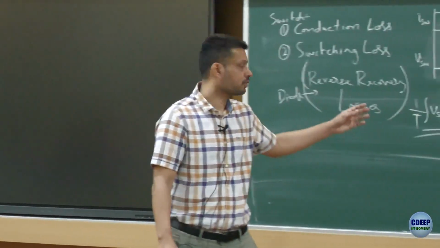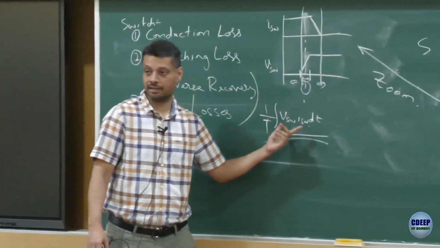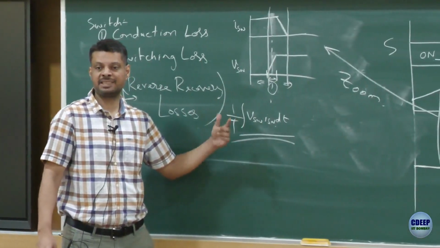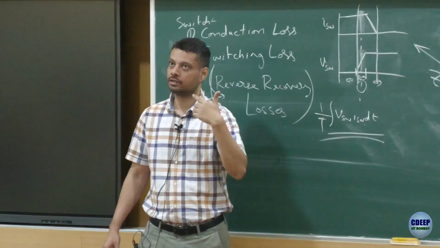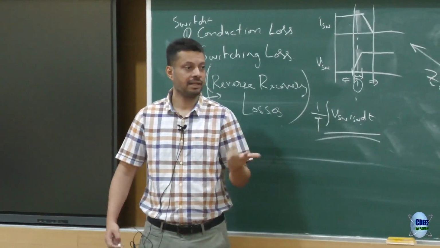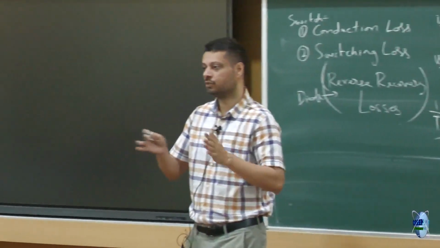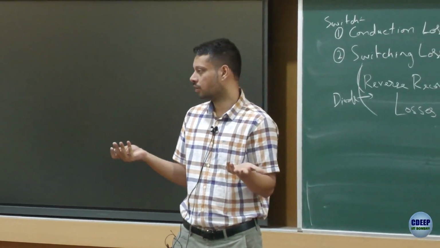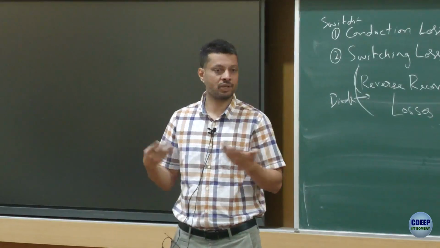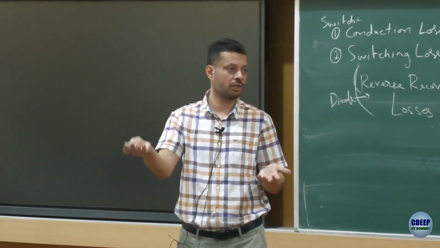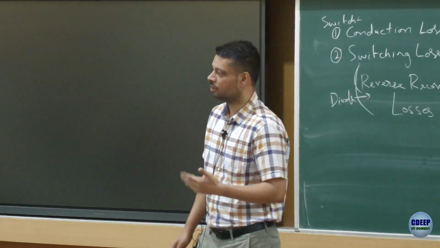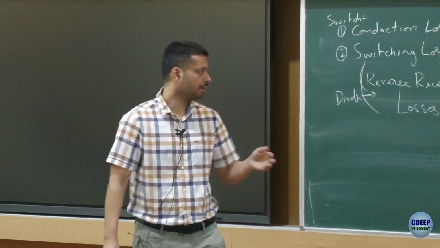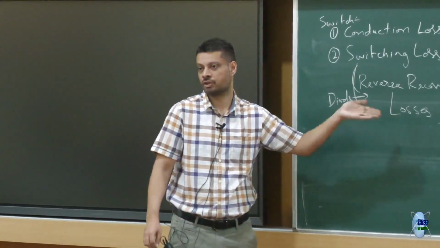Okay, so of course switching loss is the integral, right, times 1 upon T. Now you imagine if you are doing this switching more frequently, in 1 second if you only switch 2 times you would have X loss, if you switch it 4 times you will have 2X of the loss. So the higher the number of times you are switching, the loss will be directly proportional to that. You double the switching frequency, your loss will almost double, and therefore the switching loss depends on the frequency.